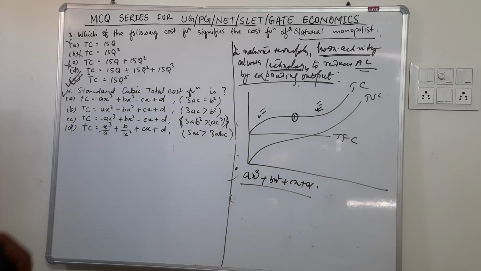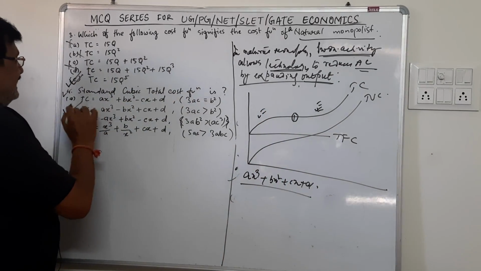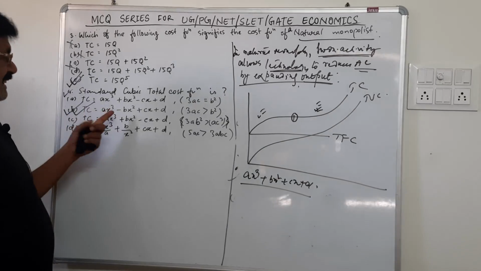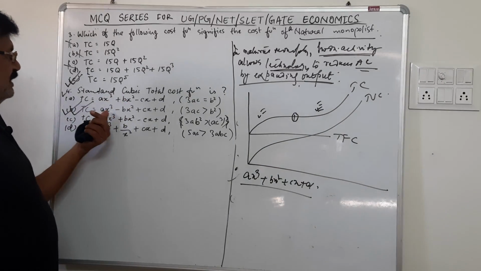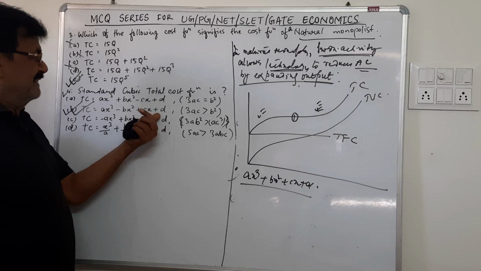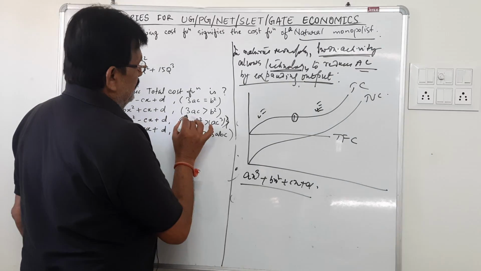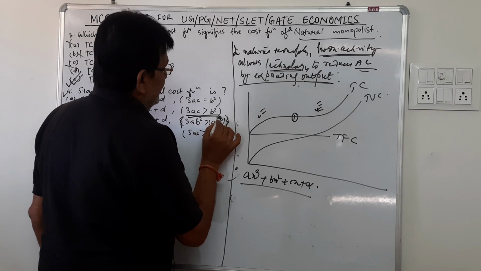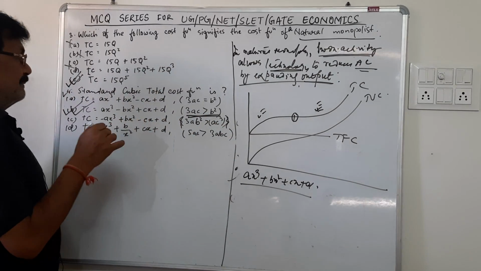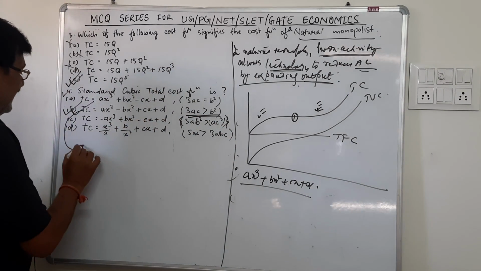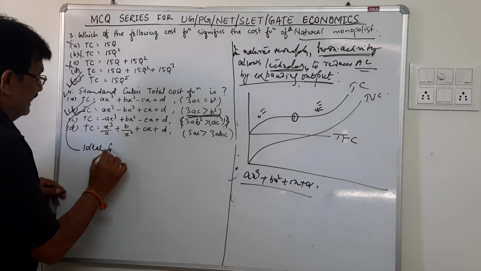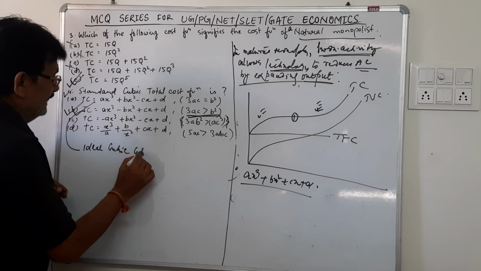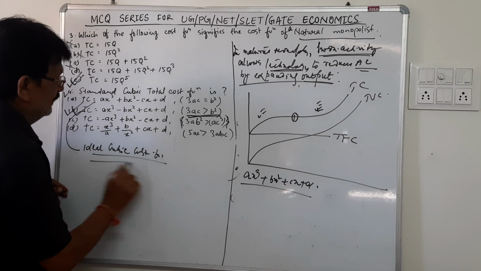So, out of these four, this is the answer, because the standard cubic cost function happens to be ax cube minus bx square plus cx plus d, and this condition must be fulfilled, that 3ac must be greater than b square. Only then it behaves ideally, and this is an ideal cubic cost function. So this is the answer.